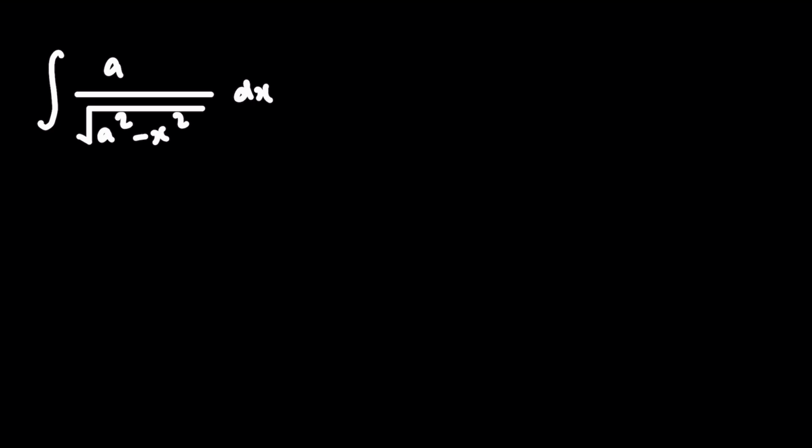Now let's go over some inverse trig examples. Let's say I wanted to integrate an example like this, 1 over the square root of a squared minus x squared dx. Well, the integral of this simply becomes a times the inverse sine of x over a plus c.